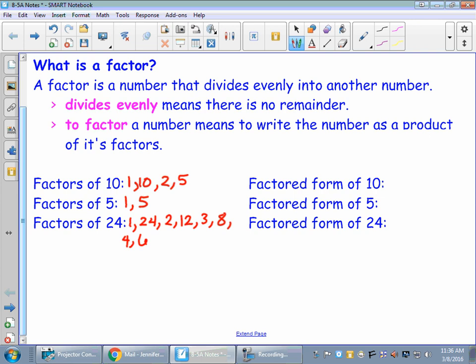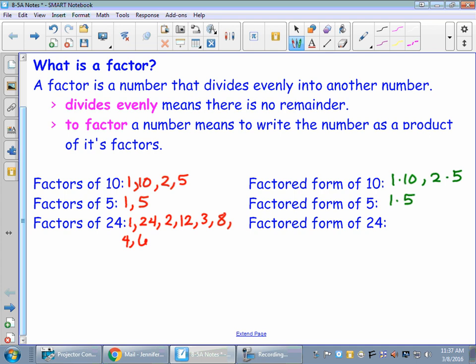So the factored form of 10 is really 1 times 10, writing it as a product of its factors, or we could write it as 2 times 5. The factored form of 5 is 1 times 5. It's done. It's really just 5.